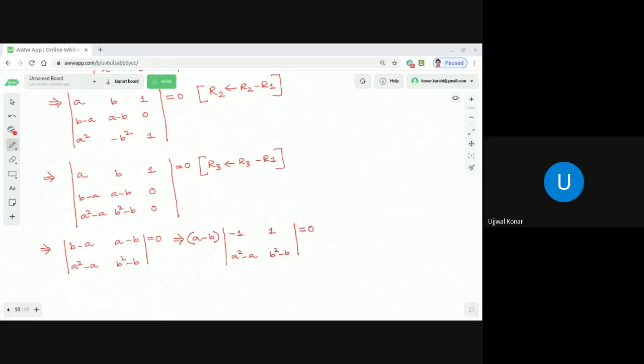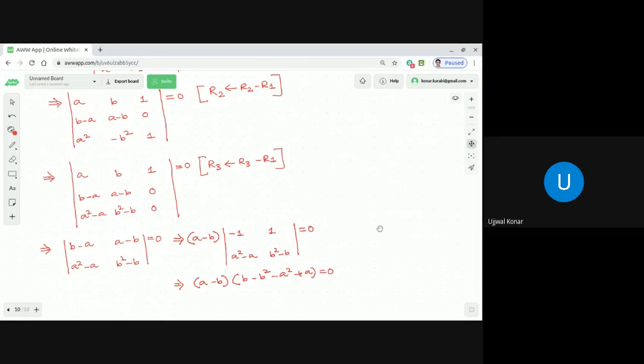Correct? So from here we get a minus b into minus b square, and here b minus b square minus a square plus a is equal to 0.